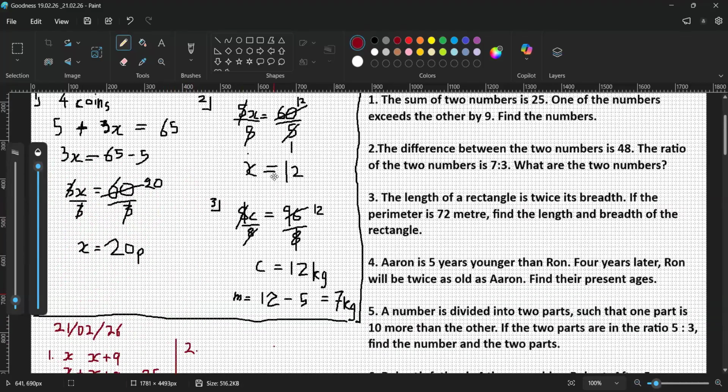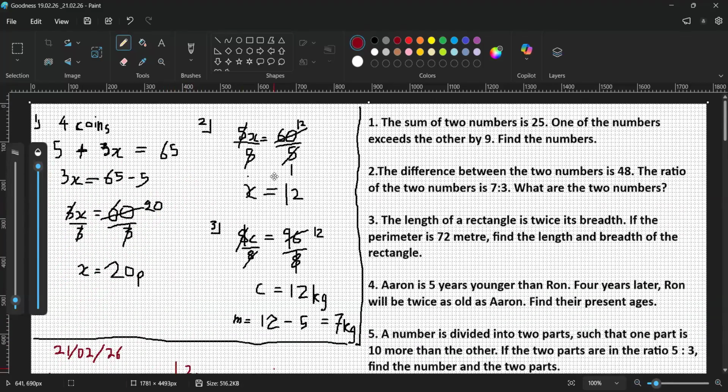So number two says the difference between two numbers. I think they meant to say between two numbers, because it might look like number two is referring to number one. There's no relationship between them, please. Or maybe should I just erase it?